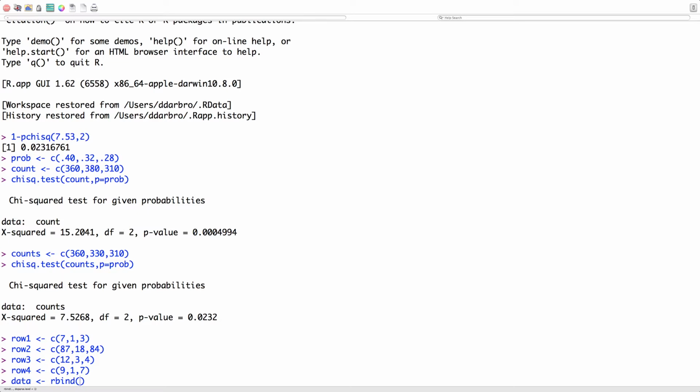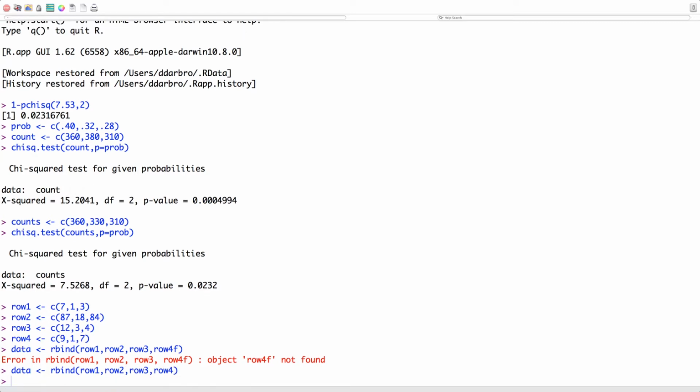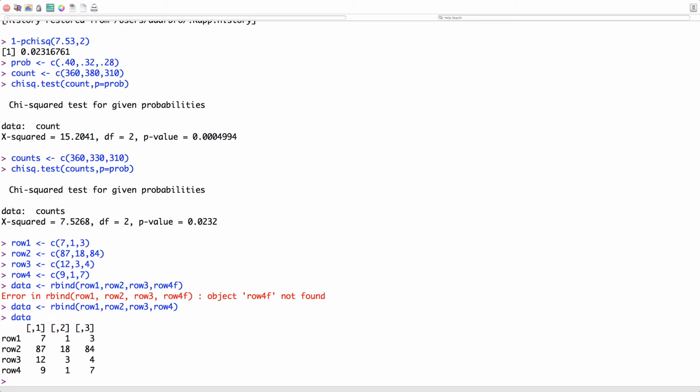We'll go rbind, row 1, row 2, row 3, row 4. If we look at data, then we've got the matrix exactly as we need it.